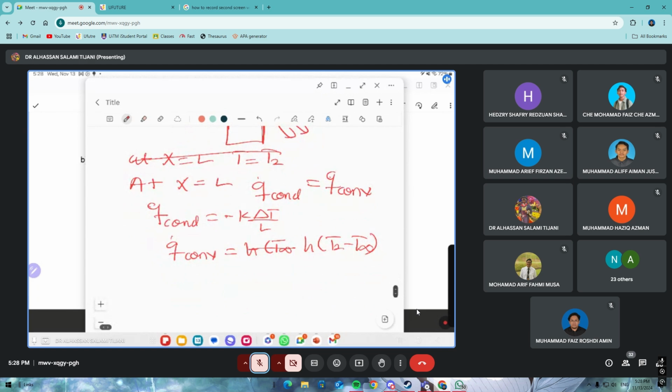So now this is going to give us minus k times delta T, which is given by T2 minus T1, divided by L, and this equals h times T2, sorry, minus T infinity, like this.